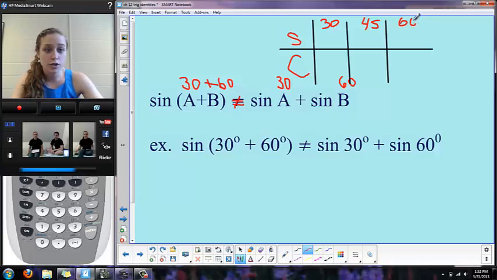Hopefully you still remember how to make the magic table. I'm going to go through it with you really quick. This is something that you need to know for the Regents exam, because nobody's going to give you this chart, but you're going to need to know these values.